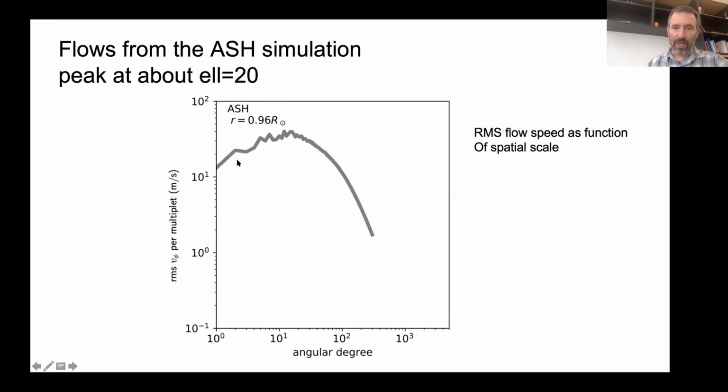So this is RMS velocity as a function of angular degree. And you can think about that as a function of spatial scale. So the largest spatial scales on the left and the smallest spatial scales on the right. And you see a peak in that RMS velocity per multiplet at about L of 20.